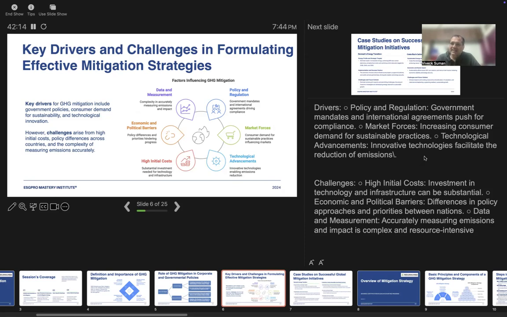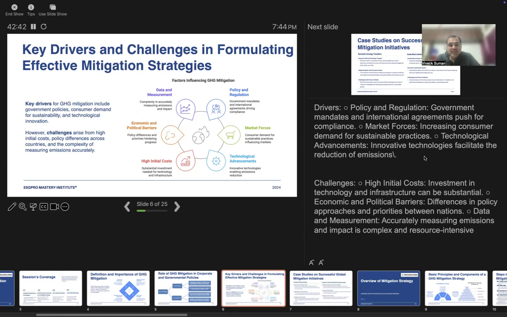So government mandates and international agreements push towards compliance, like carbon tax, like CBAM, they are bringing in. Second, market forces. Increasing consumer awareness and demand for sustainable practices is pushing governments as well as corporates to bring GHG mitigation into their practice.